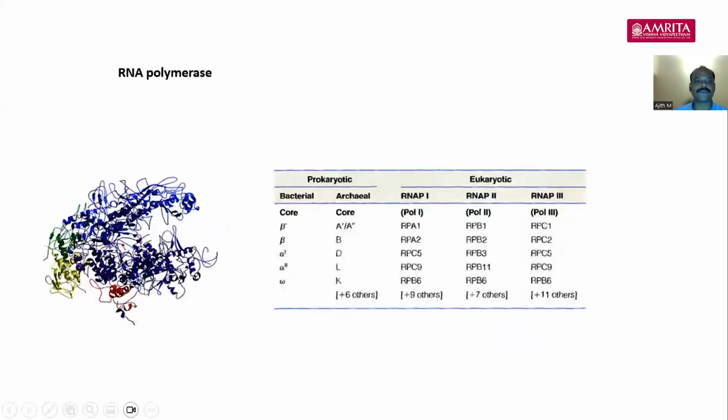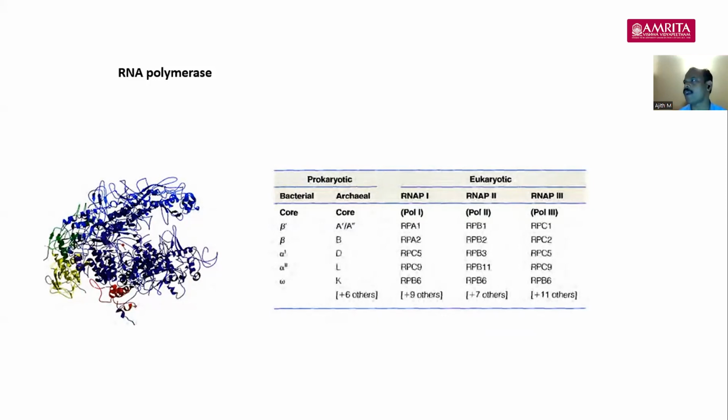So see here, central to the synthesis of the RNA molecule from a DNA molecule is a polymerase. As the name indicates, a collection of monomers is called a polymer. So this polymer of RNA is made by an enzyme called RNA polymerase.